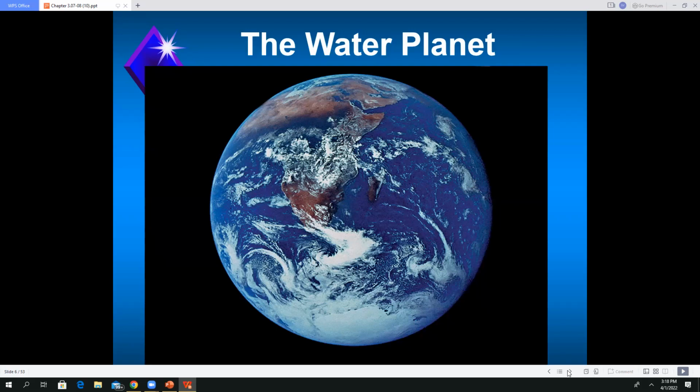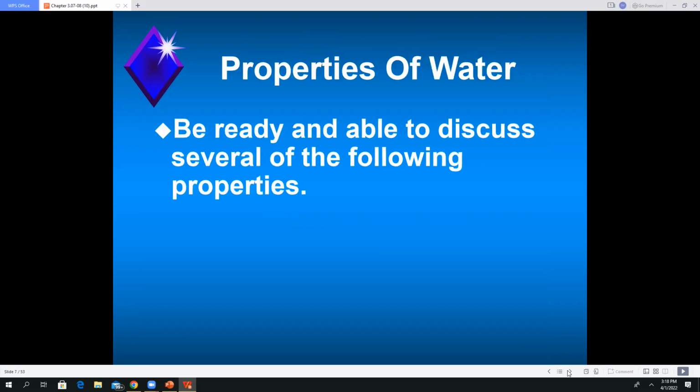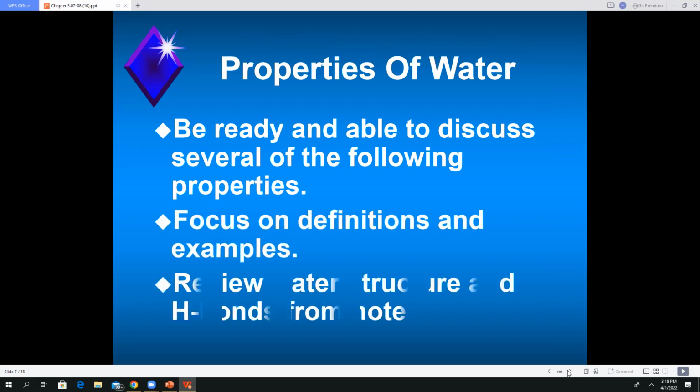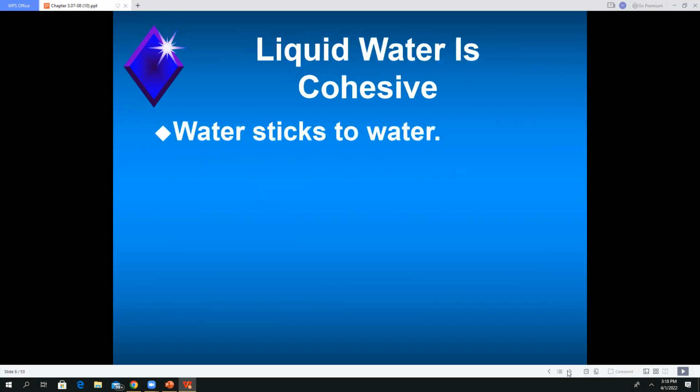The Earth is pretty much mostly water. So it is a good thing to know what the properties are. Well, one of them is cohesion. Cohesion means that water likes water. That is due to its hydrogen bonding because of the molecule being polar.